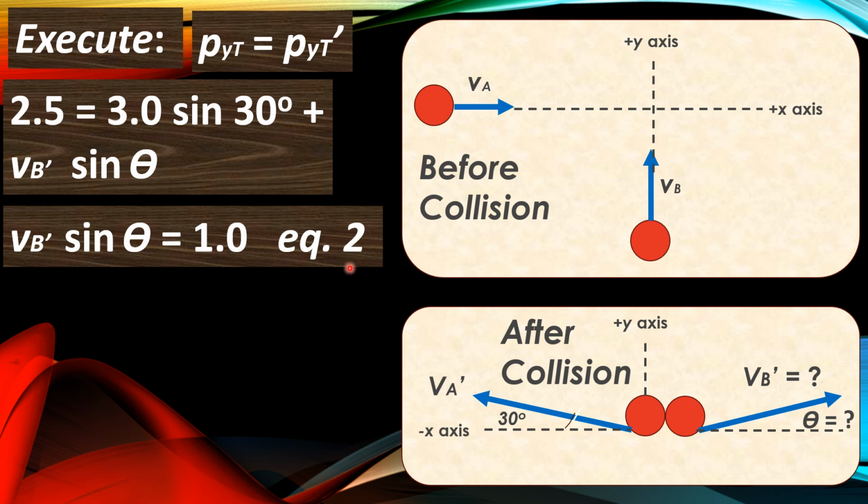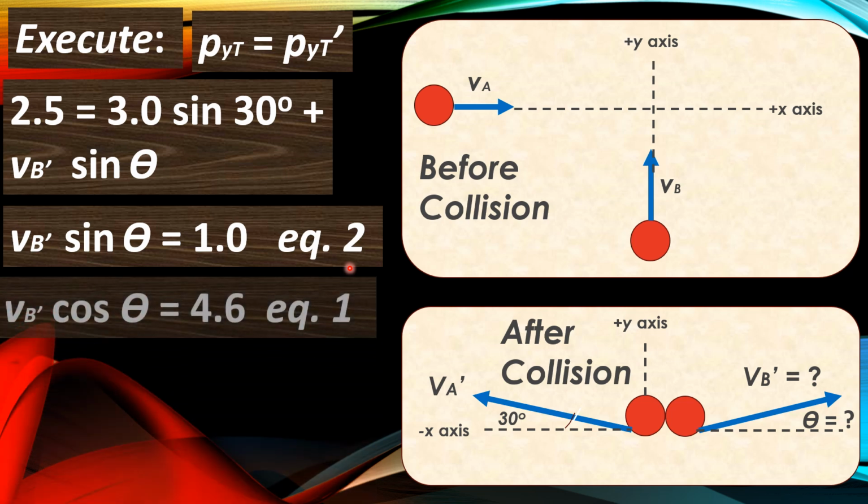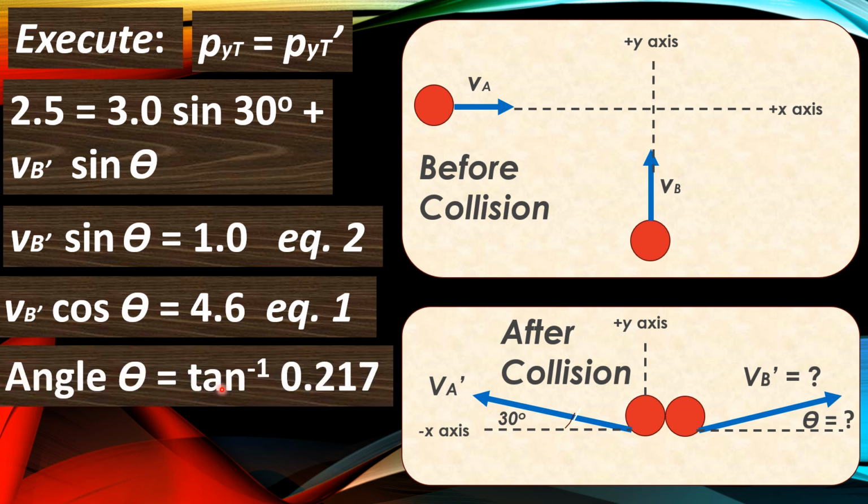Earlier, we have equation number 1: b sub b prime times cosine theta also equal to 4.6. So when we divide equation 2 by equation number 1, we will be getting this formula for finding the angle theta.